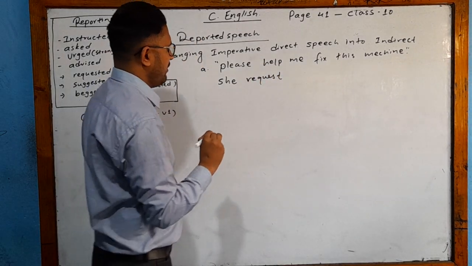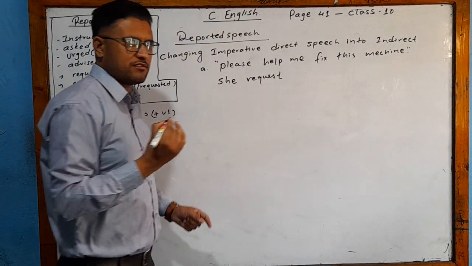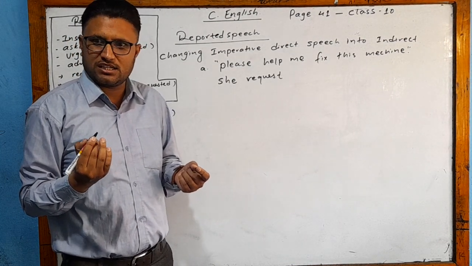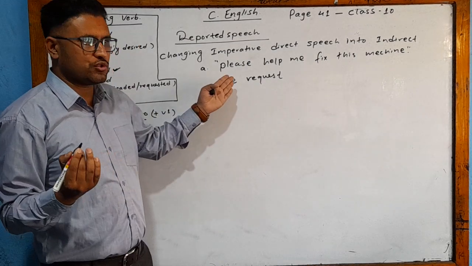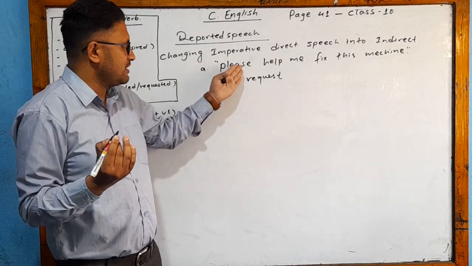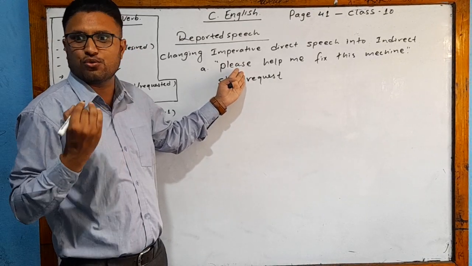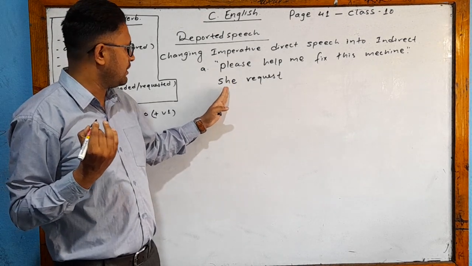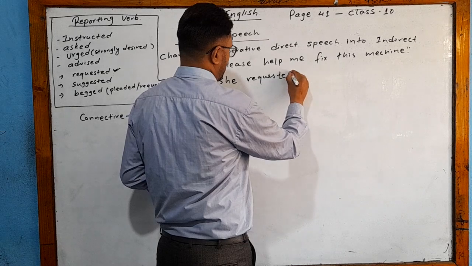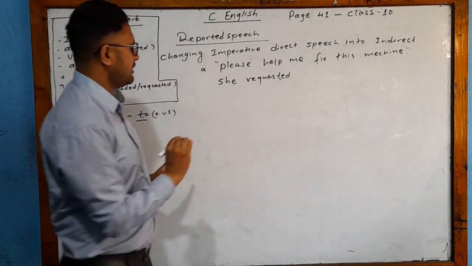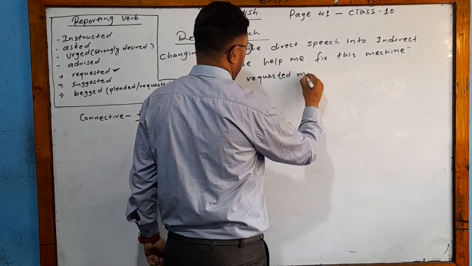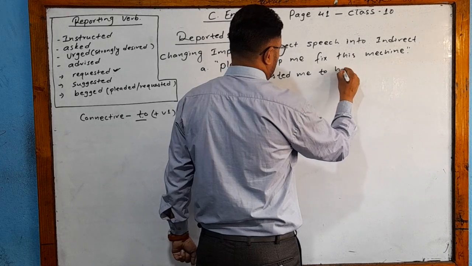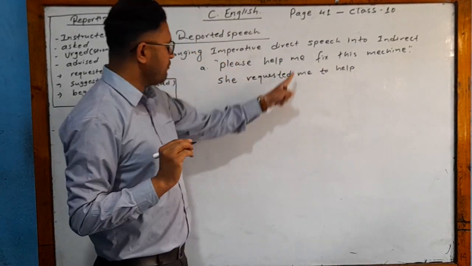Requested. Now you can say what object you can write as a pronoun. Me. Me is possible. You should assume that the speaker is making a request to you. Understand? So she requested me, you can say, to help. Now me means who?